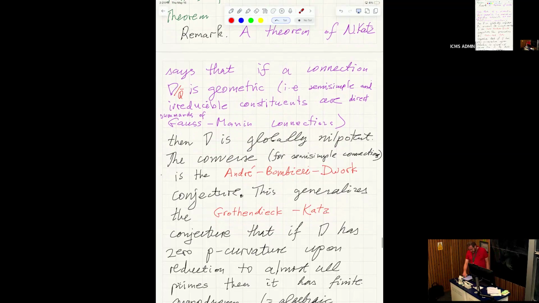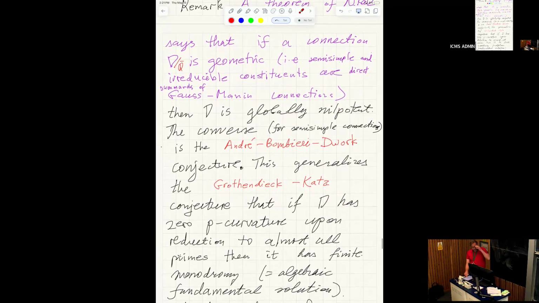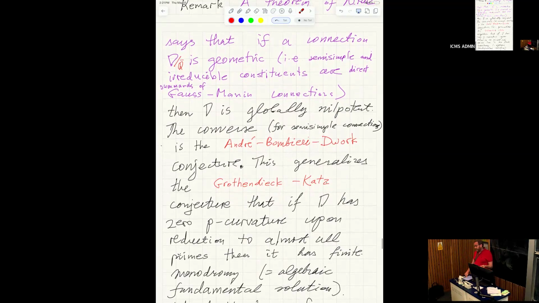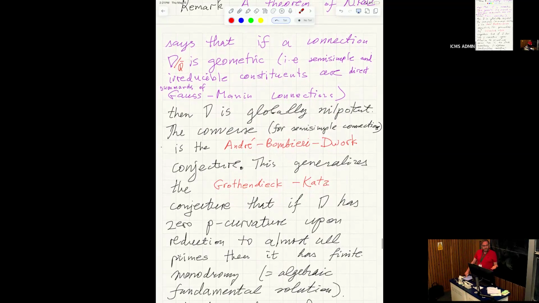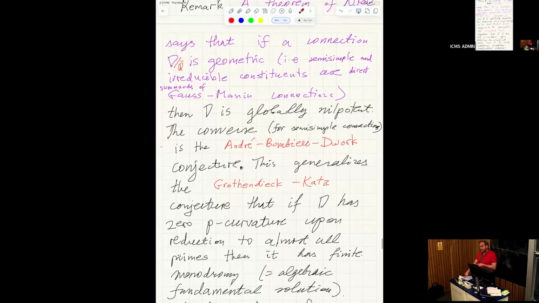And it's a generalization of the famous Grothendieck-Katz conjecture, which actually gave rise to the notion of p-curvature. Grothendieck introduced p-curvature in the context of this conjecture. Of course, if you have a linear differential equation that has a basis of algebraic solutions, then its p-curvature has to be 0, because then it will have solutions modulo every sufficiently large prime. You can just take the power series and reduce it; it's an algebraic function.